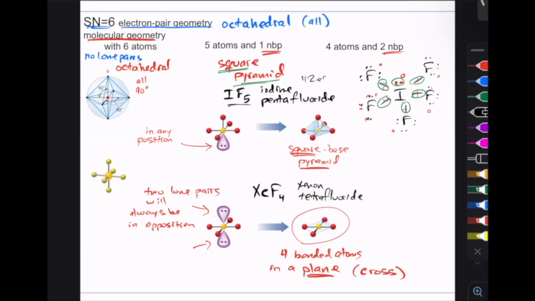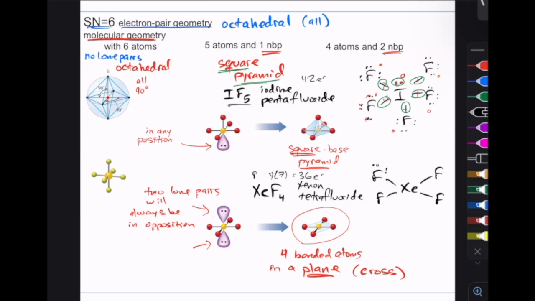Let's do it real quick for xenon tetrafluoride. Xenon brings in 8. Each fluorine brings in 7, times 4 is 28, plus 8. That's 36 electrons. Spokes on a wheel, xenon in the middle, 4 fluorines attached. The covalent bonds use up 8 of our 36 electrons.